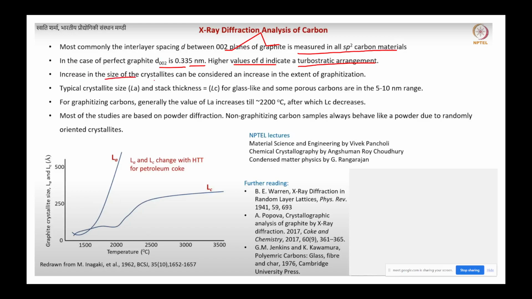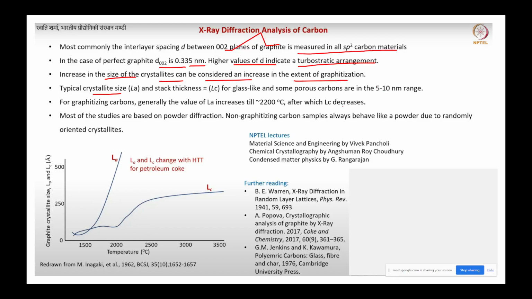An increase in crystallite size can be considered an increase in the extent of graphitization. Typical crystallite size and stack thickness for glass-like and some porous carbon are in the 5 to 10 nanometer range. For graphitizing carbon, the value of La increases till 2200 degree centigrade, after which Lc decreases.